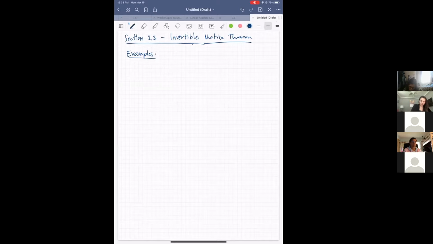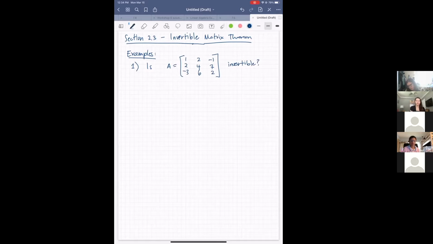Examples. Right. Okay, so first example, we could ask whether or not a given matrix is invertible. So say we have this guy. Right?